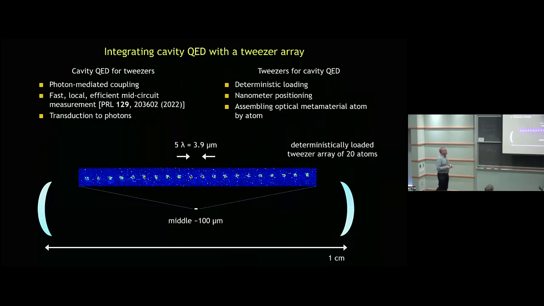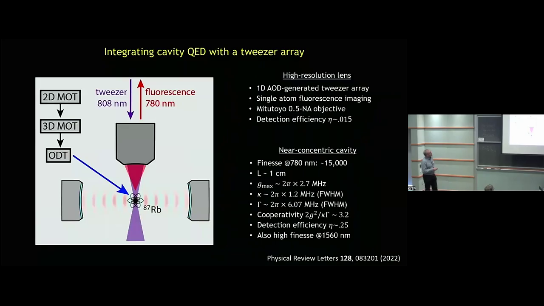So that's a pretty neat capability. Just again to go to some of the details, this is an experiment where we're working with a cavity that just barely achieves the strong coupling regime for single atoms. And so here are the details on the experiment.